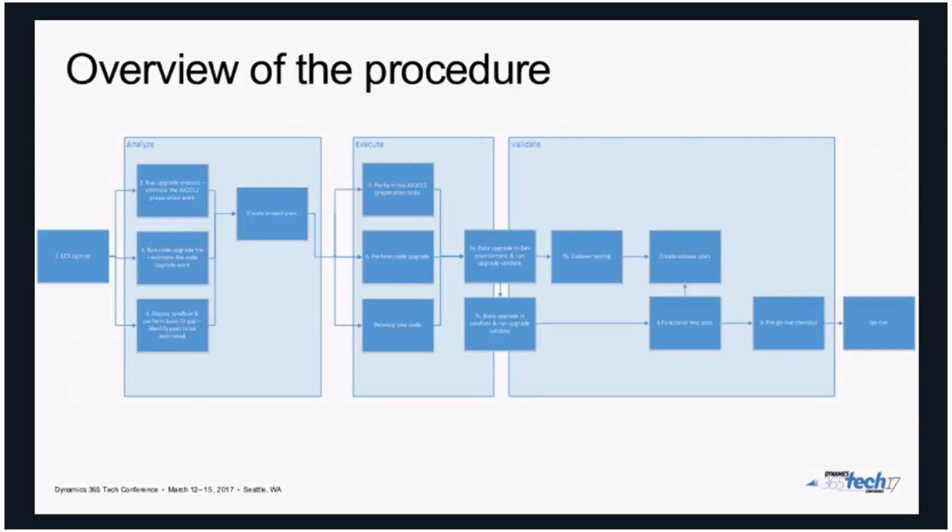You download a special hotfix for your 2012 and do the analysis within your existing 2012 environment, do necessary corrections, and then perform execution of the process by uploading your code inside LCS, running the code analysis tool and code upgrade tool, and using the resulting code base for your next stages, which is data upgrade. Perform the data upgrade, do all necessary testing and validations as well, and at the end finish the project. So this is a sample overview of the end-to-end process for the upgrade.